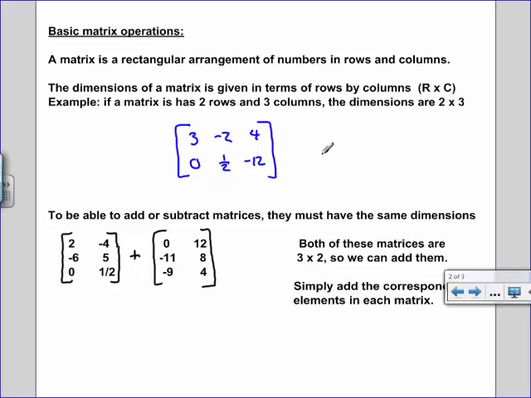Okay, there's a matrix, and we said, okay, what's the dimensions of that matrix? It's the number of rows by the number of columns. So we have 2 rows and 3 columns. So in this case, the dimensions are 2 by 3.